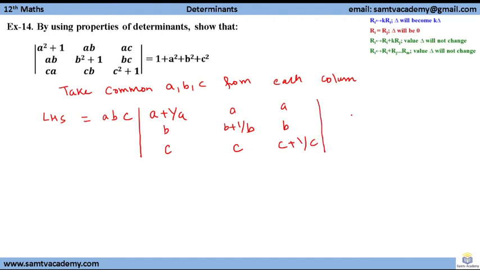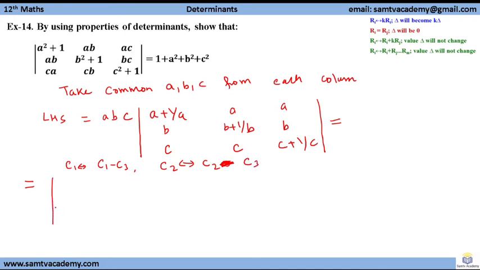Okay, now we will apply two steps, that C1 is replaced with C1 minus C3, and C2 is replaced with C2 minus C3.